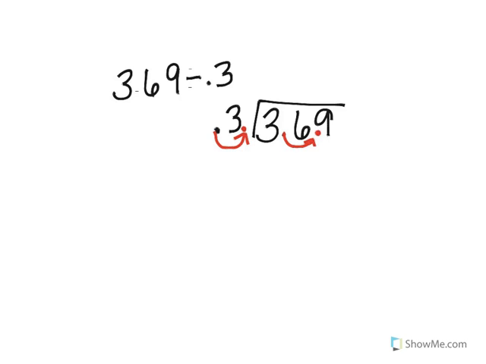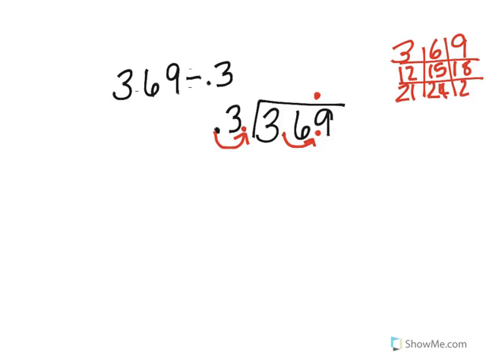So now it's 36 9/10 divided by 3. It's the same thing because I multiplied them both by 10. Then I just bring the decimal straight up once I've moved it over. So I'm going to do my division. The closest I can get to 3 without going over is 3, which is multiplying it by 1.